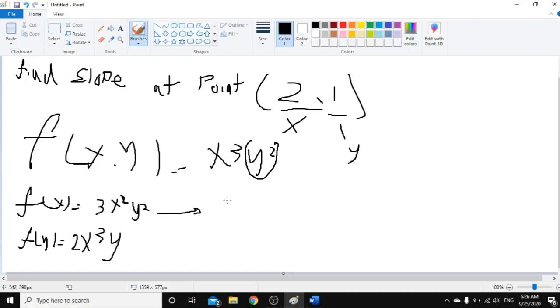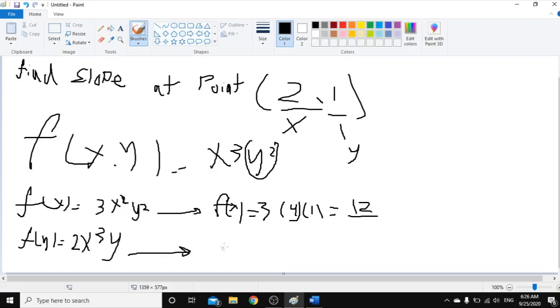So here f of x is equal to 3 times x squared, so 2 times 2 is 4, and times 1 squared is 1, so 1 times 4, 4 times 3 is 12 for f of x.